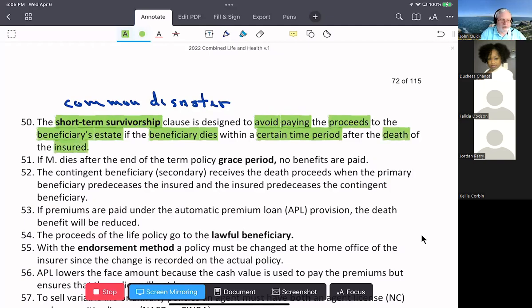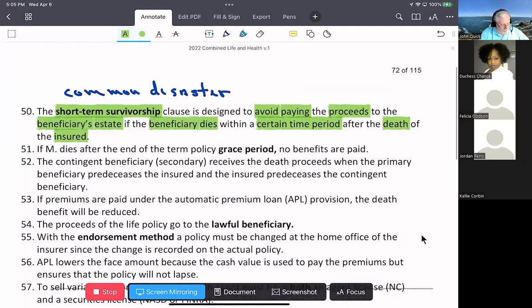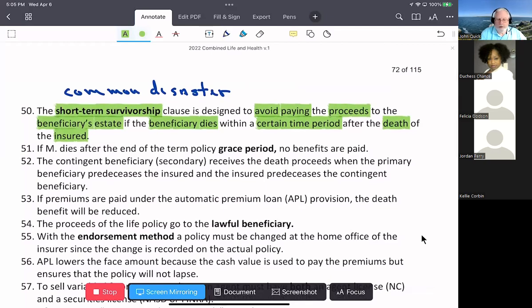So remember the thing about when the roll is called up yonder, the roll is called down here. Well, why be in such a big rush to call the roll? Short-term survivorship, common disaster, you can wait maybe 14 days, 31 days, maybe even 90 days before calling the roll. That way we don't have to pay the money to the state. We can just give it to the next beneficiary in line.